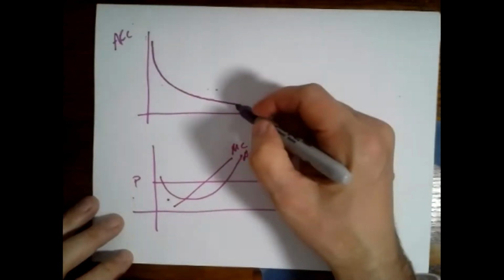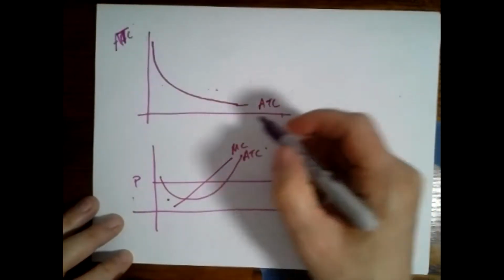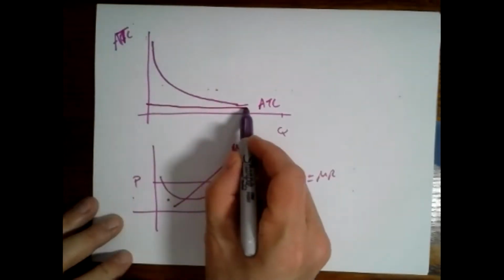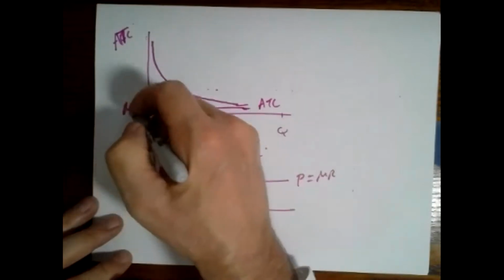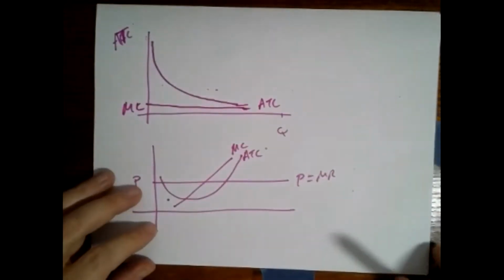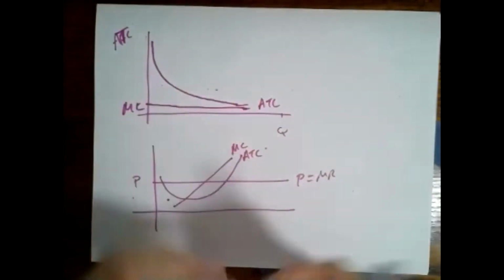Right here, we're going to assume average total cost is going to fall, and marginal cost we're going to assume is constant in the monopoly model.